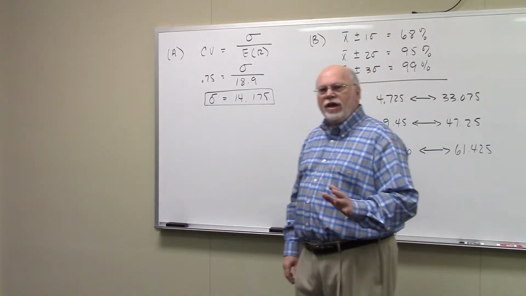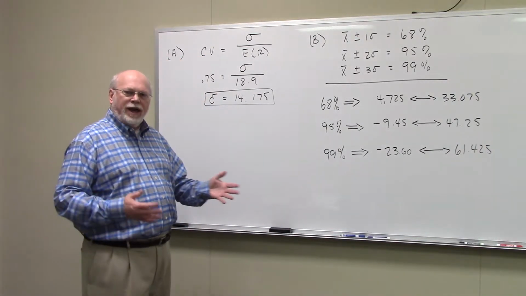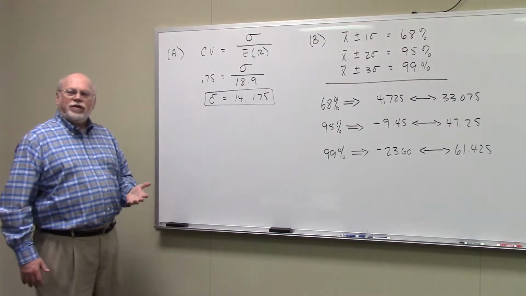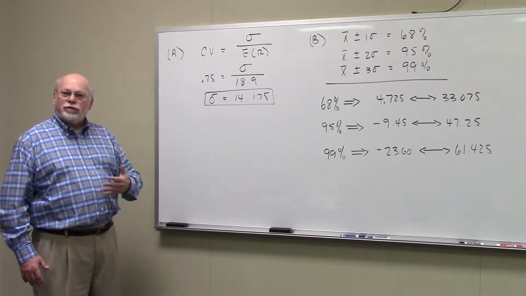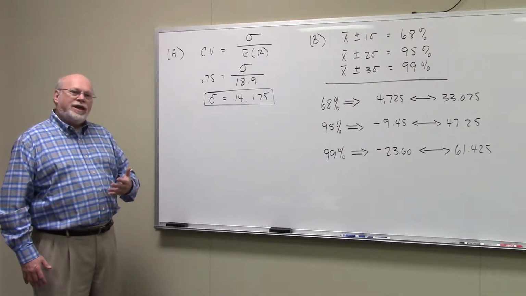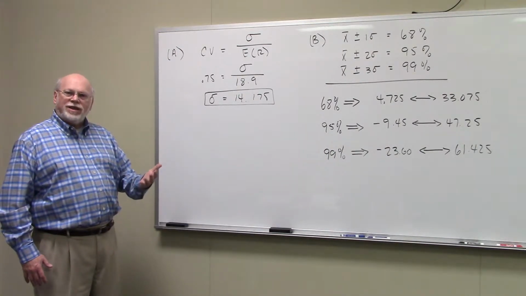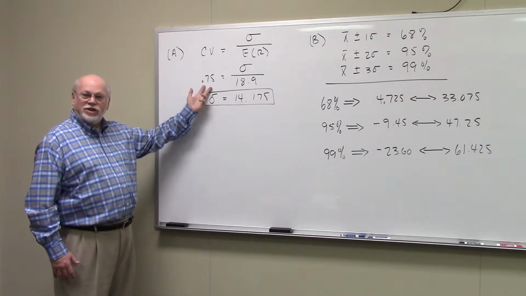Now, to calculate the standard deviation, to work this problem, you have to understand that all of these things exist in the definition of coefficient of variation, which is your risk per unit of expected return. So the coefficient of variation is the mean or expected value of the distribution divided by the standard deviation. They gave us the coefficient of variation as 0.75.